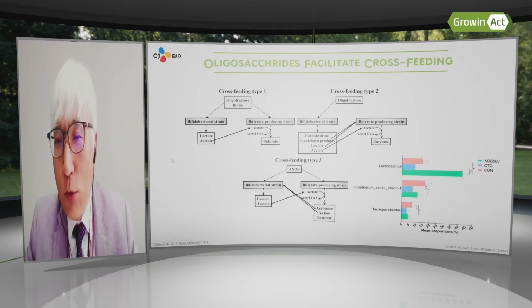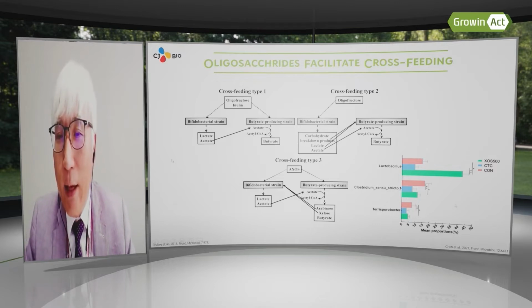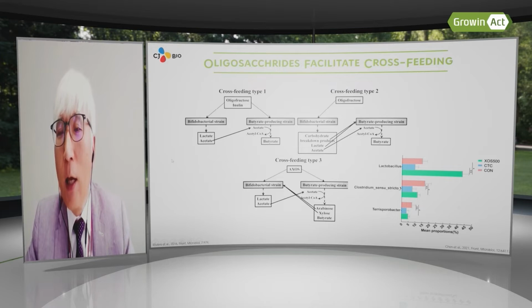And Dr. Pulaski also used this reference to explain this cross-feeding mechanism. You see that compared to the control and antibiotics, xylo-oligosaccharide supplementation increased lactobacillus activity and decreased Clostridium and Peptostreptococcus, which are pathogenic bacterial activity.